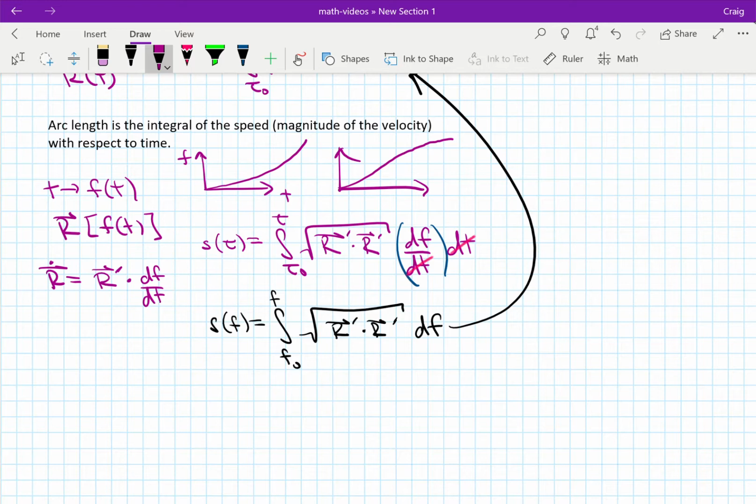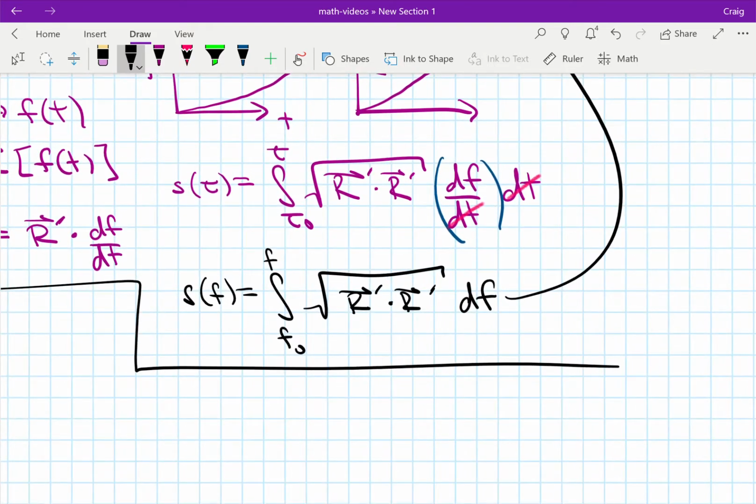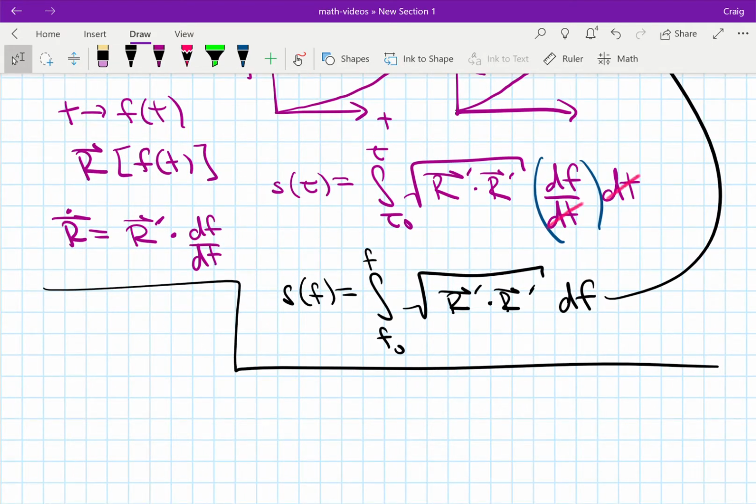Doesn't matter. I still get the same arc length because of this cancellation right there. It's a very important cancellation. So I can think of this arc length as not really being dependent on time per se. It's a property of the path, not a property of how fast I move along the path.